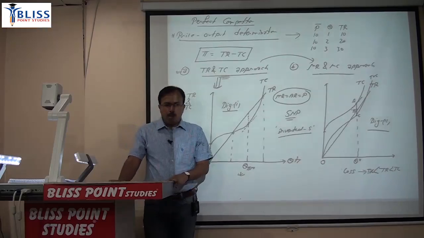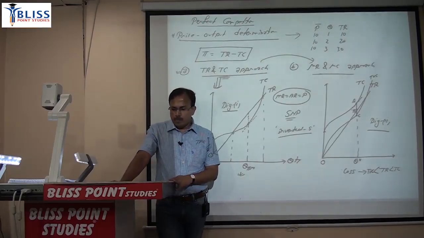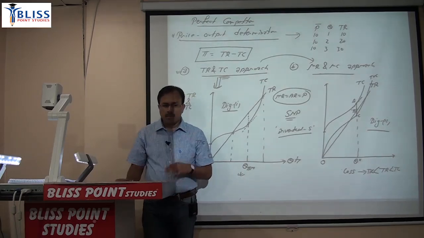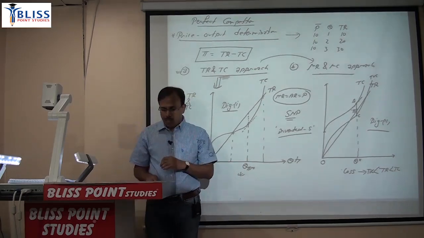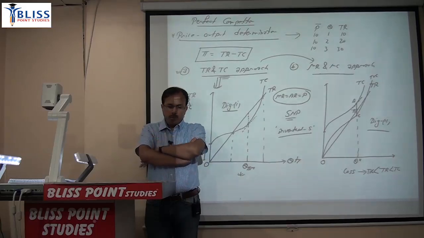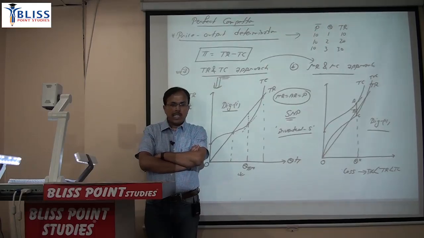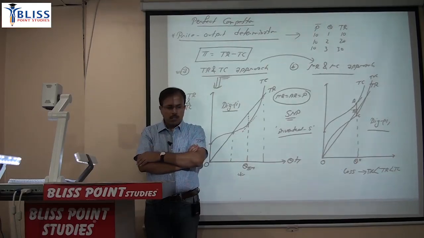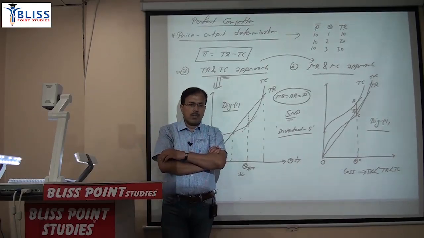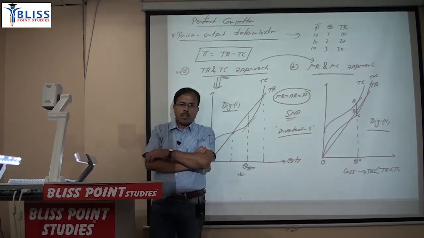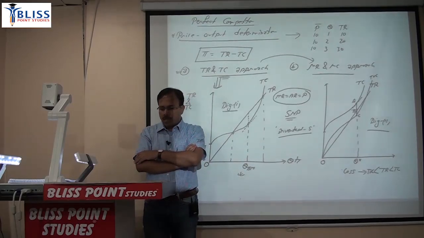The firm maximizes profit when distance between TR and TC is maximized.